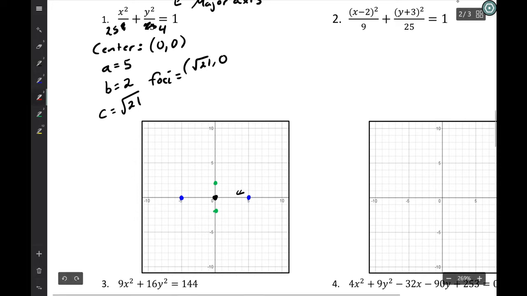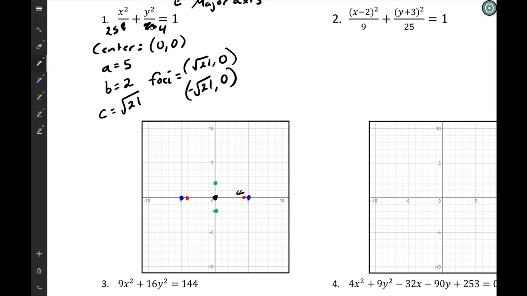So they're going to be right here, a little bit above 4, and then minus the square root of 21, so it's going to be back over there. Then you can piece together where it is. I really think drawing a picture of these helps a lot in figuring out where stuff is.